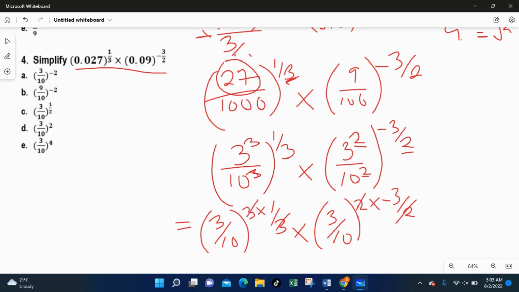So in that value, we are finally going to have 3 over 10 raised to power 1, which is 3 over 10, times this value, 3 over 10 raised to power minus 3.